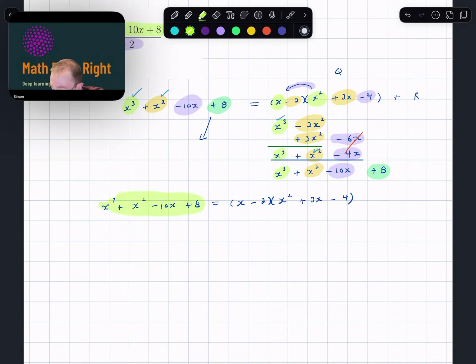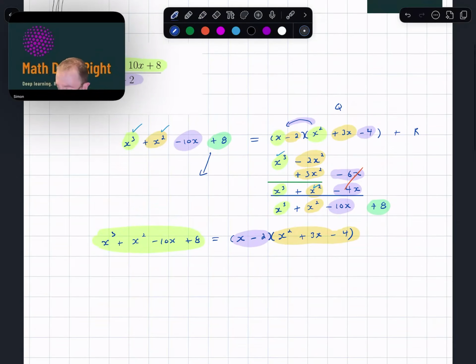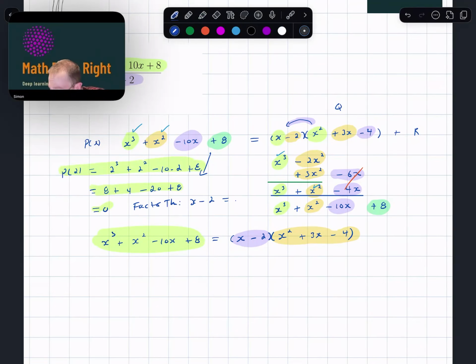We might be dividing this by x minus 2 because we had noticed that if we call this p of x, we might have noticed that p of 2 is equal to 2 cubed plus 2 squared minus 10 times 2 plus 8, which is 8 plus 4 minus 20 plus 8, which is 0. And then the factor theorem tells us that x minus 2 is a factor of p of x. And that's why we're dividing it by this.